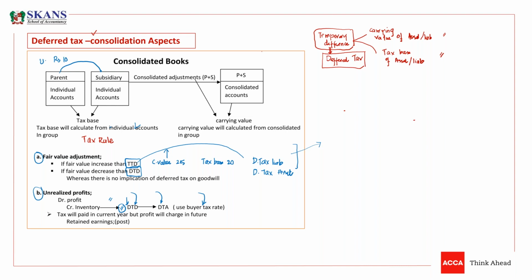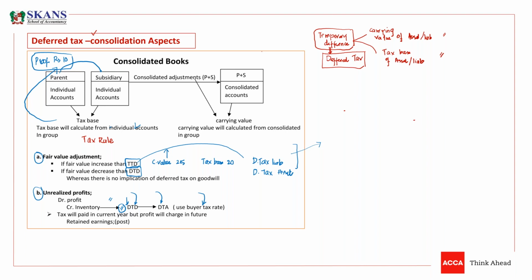Now we know that the tax authorities apply tax on the basis of individual books. So the tax law, the tax department, will ask the parent to pay tax on this profit. They will say, parent, you have earned profit, so pay us tax. Just assume the tax rate is 30%, so the parent has to pay a tax of 3.